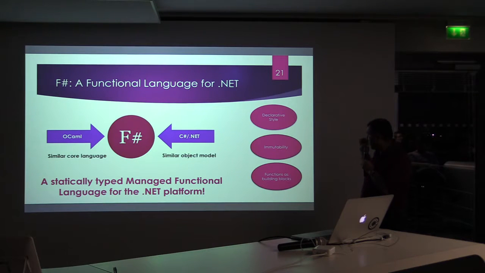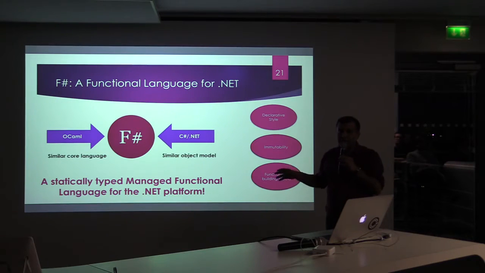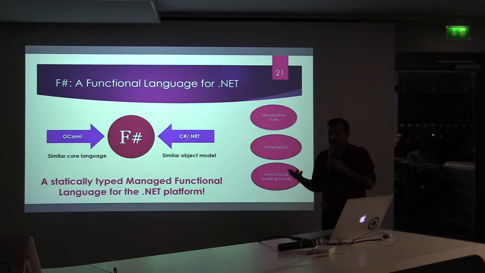There's a declarative style, there's immutability, functions are a building block. Practically most of what is true for F# is also kind of true for Scala. Scala also started along similar lines, in that they wanted to bring functional programming to the Java world, right? But they didn't want to give up completely on the OO layer.